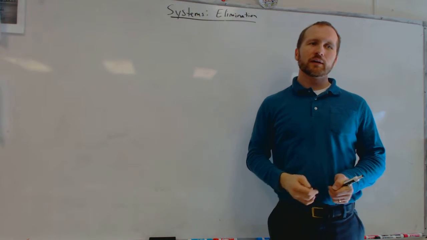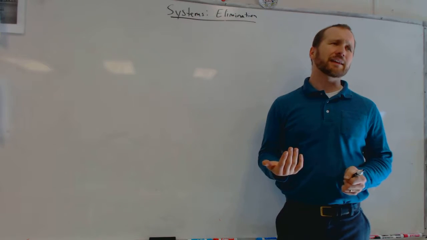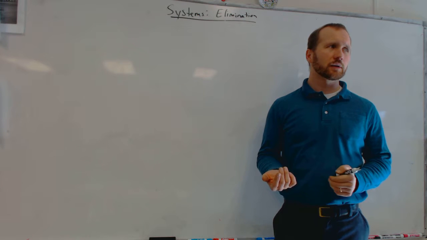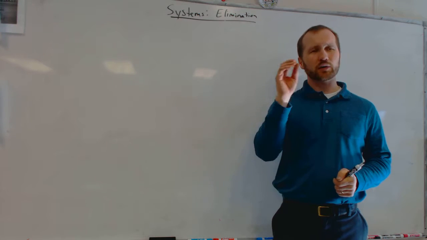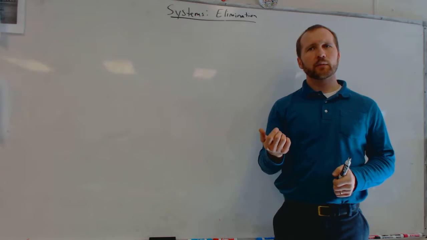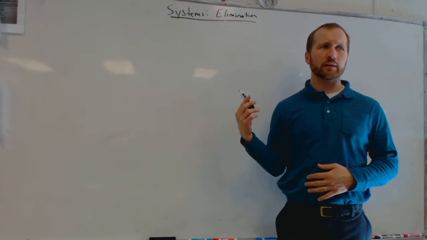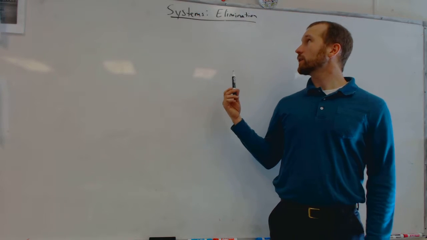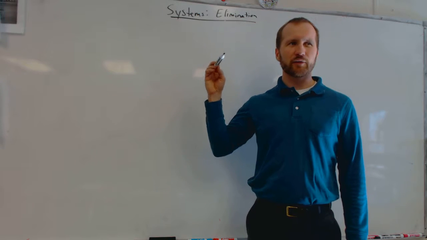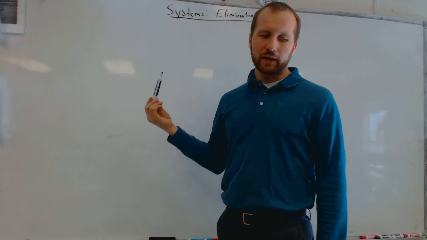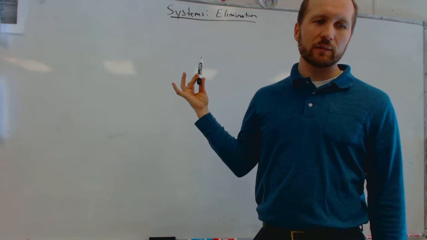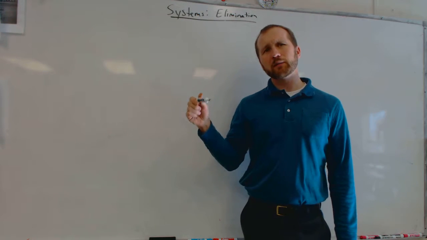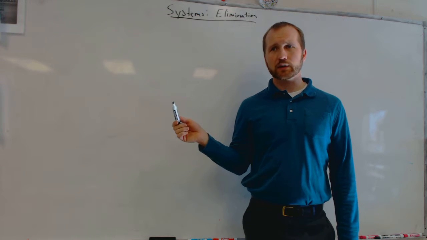And so you can make them say y equals or x equals with a little bit of work subtracting things over. Or you can use this other method. And it's called elimination because of the very first step, usually. Today I'm going to show you one version of elimination. We're going to go a little bit more in depth with it next week.